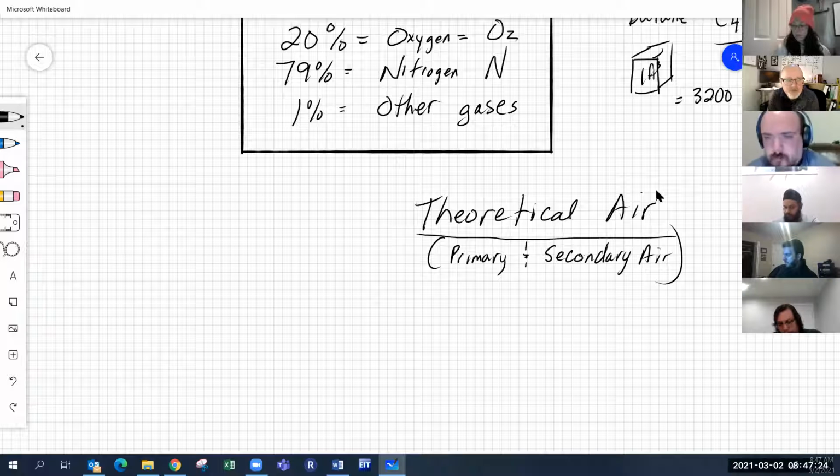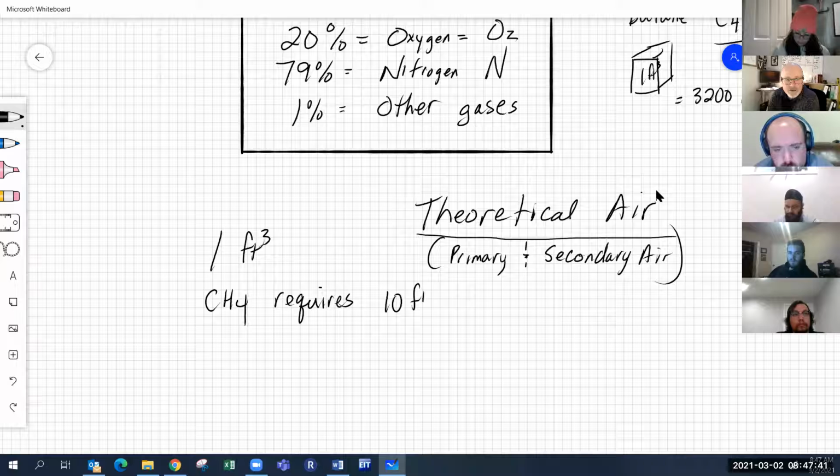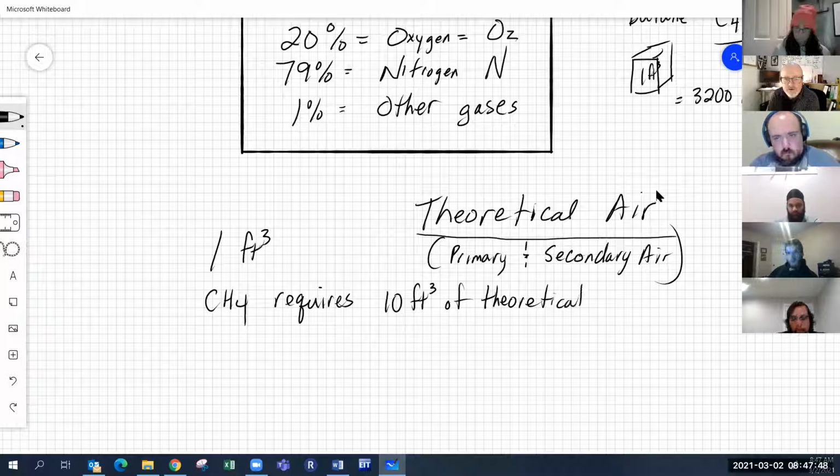So if natural gas is CH4, 1 cubic foot of natural gas requires 10 cubic feet of theoretical air. So for every 1 cubic foot of natural gas that you burn, you need 10 cubic feet of air.